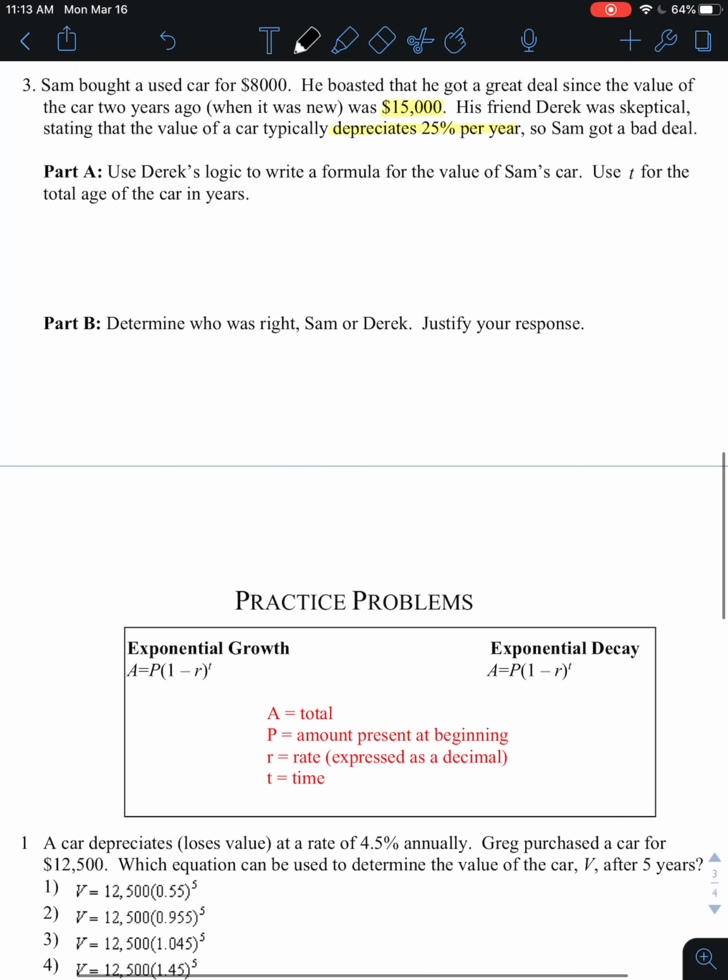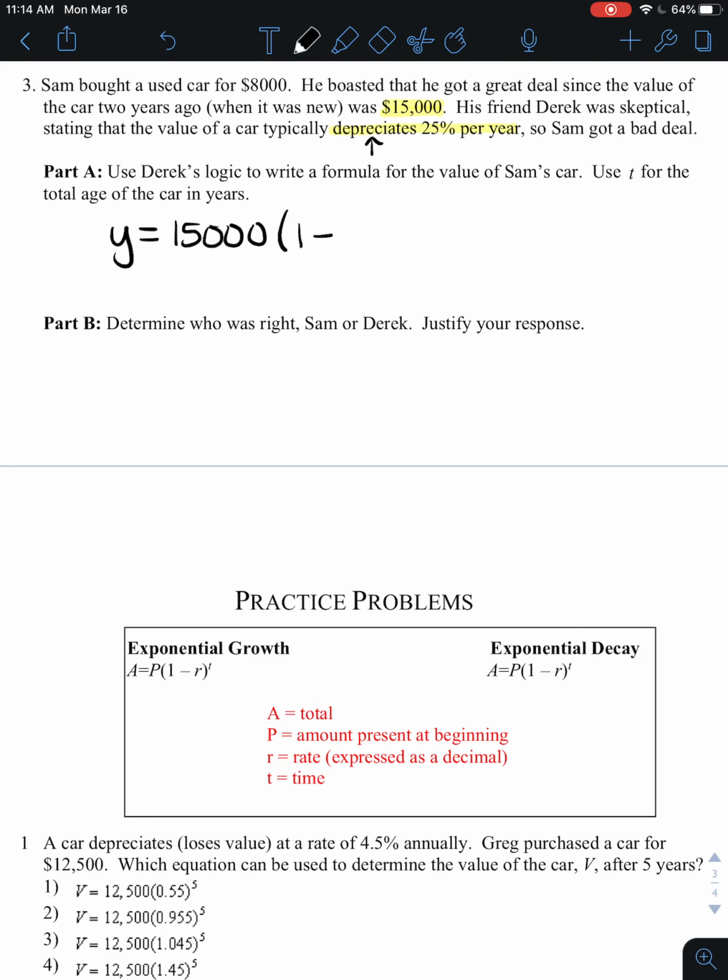So I want you to think about this for a moment. If you have to reread it, pause the video and see if you can come up with the correct equation. Okay, so I'm going to use Y. You could use A also. I'm going to take 15,000. That's the initial amount of the car. Depreciate means decrease.